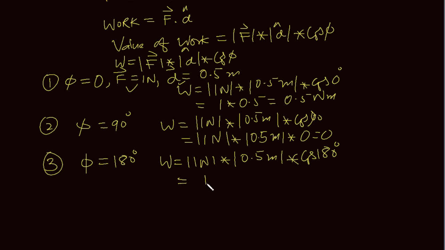So this becomes 1 multiplied with 0.5, displacement is 0.5, multiplied with minus 1, so you get minus 0.5 Newton meter.